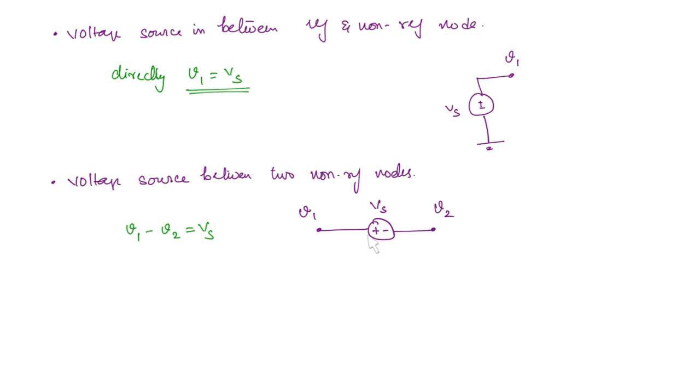Because whichever is on positive polarity, we write as positive. V2 is on negative polarity, so we write minus V2. Now we only know the difference between these two is the source voltage. But how will you find V1 and V2? You have only one equation and two variables. This is where the concept of super node comes into the picture. We will do one problem relating to super node and then this will become more clear to you.